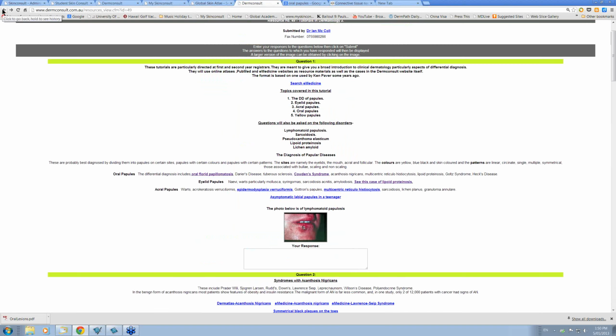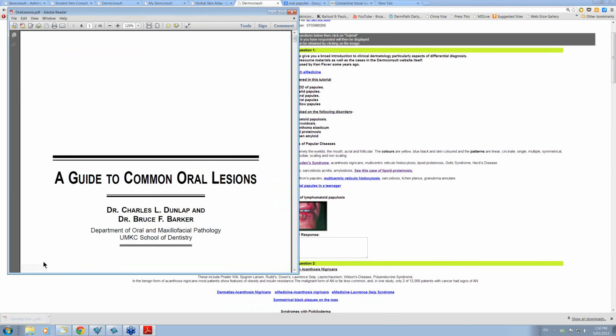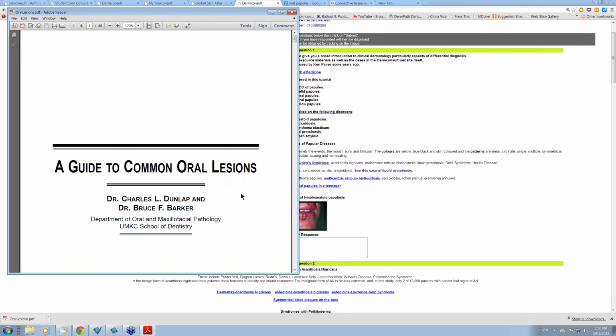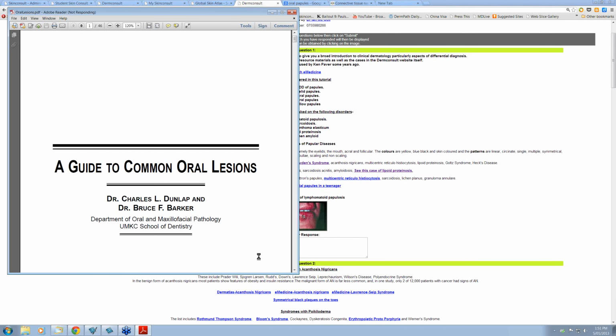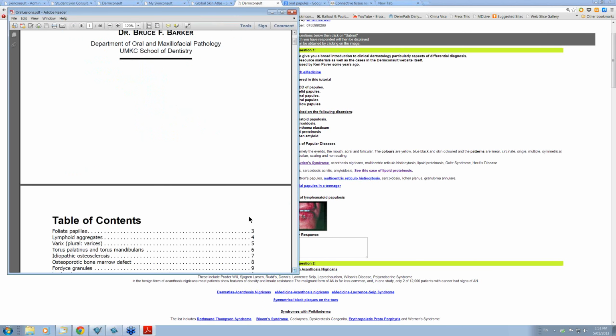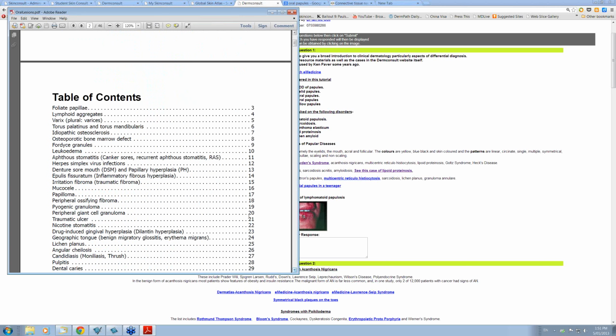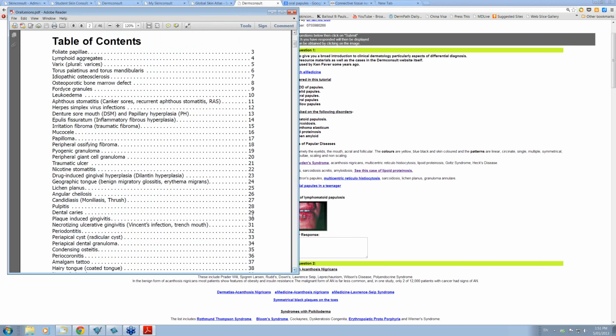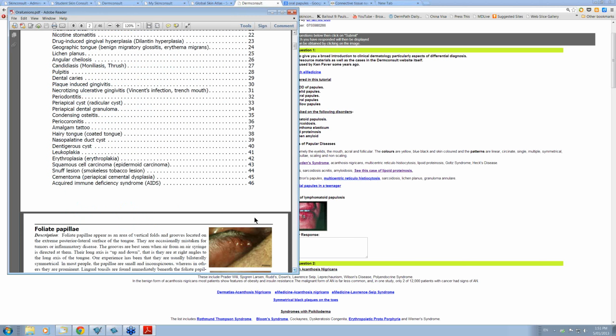Let's flick back. I've got this PDF here that I was wanting to show you as well. This was a guide to common oral lesions. I think we can show you. There's a whole variety of lesions, obviously, that can occur in the mouth.